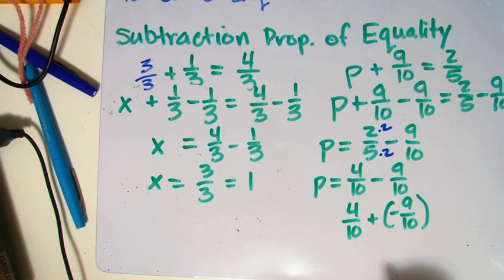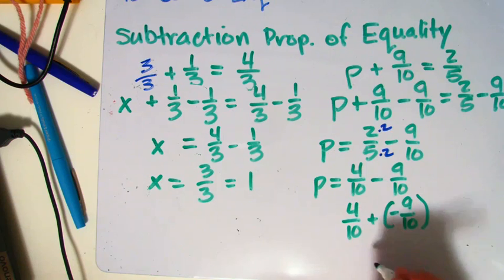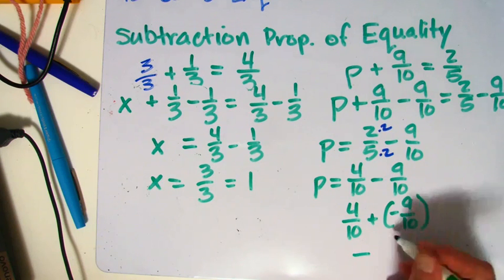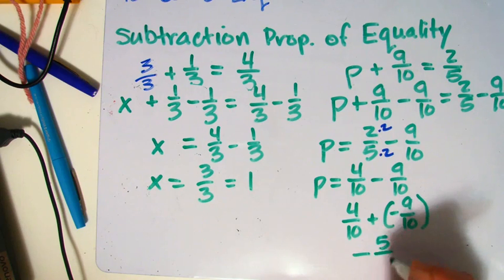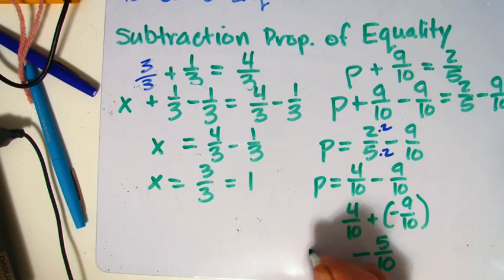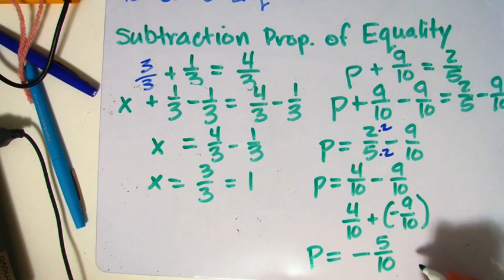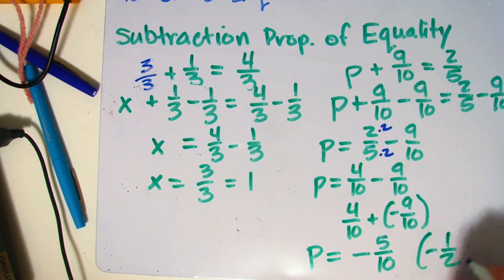And then the answer will take the sign of the larger number. So in this case, because 9 is larger than 4, I know my answer will be a negative. And 9 take away 4 is 5. So we have negative 5/10. Now I can simplify that to negative 1/2.